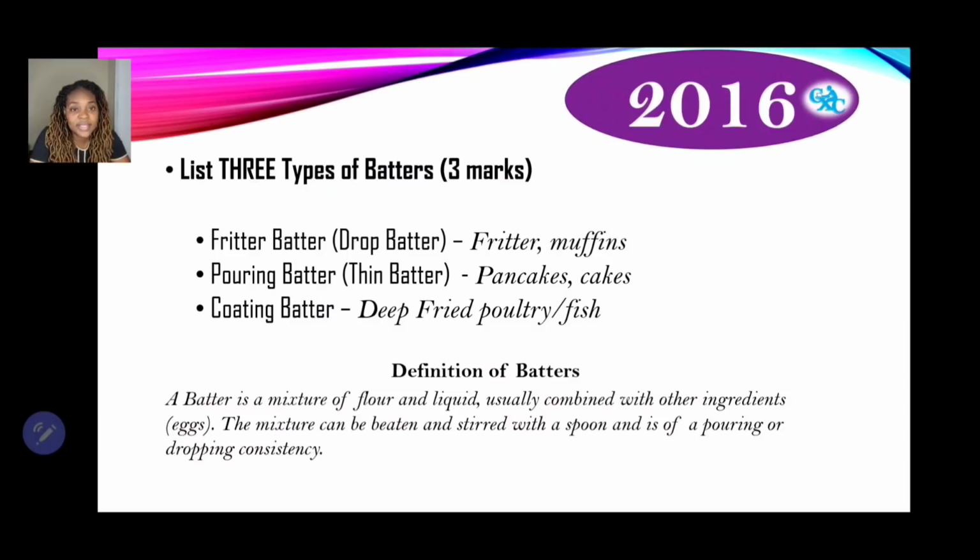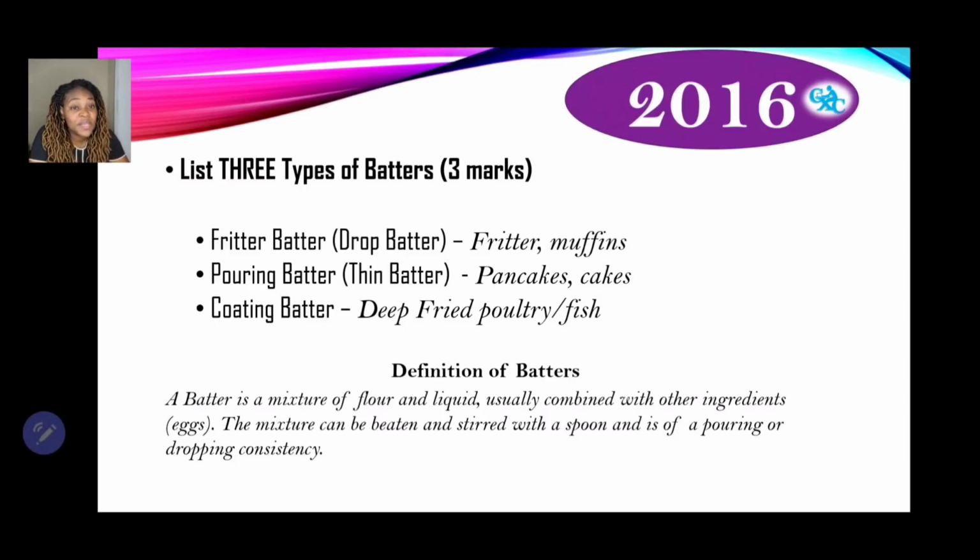All right, 2016, list 3 types of butters. List 3 types of butters, 3 marks. So there is fritter butter, pouring butter, and also coating butter, right? So the 3 types of butters are fritter butter, pouring butter, and also coating butter.